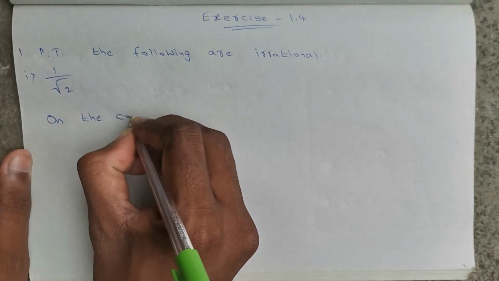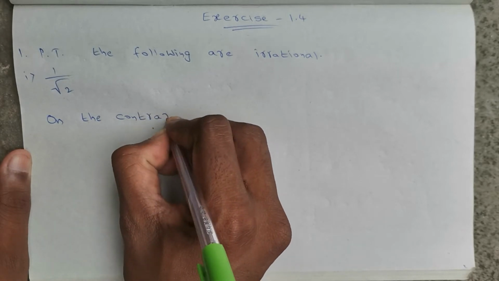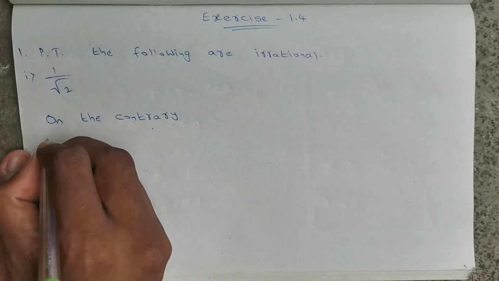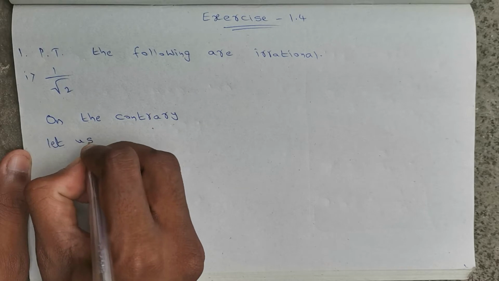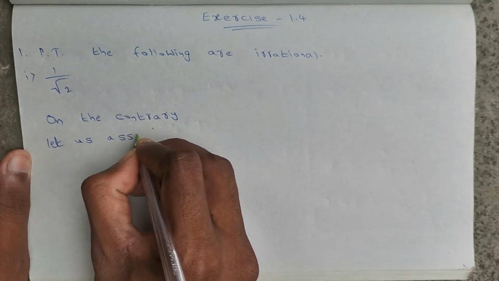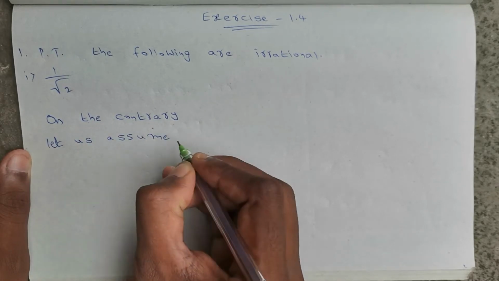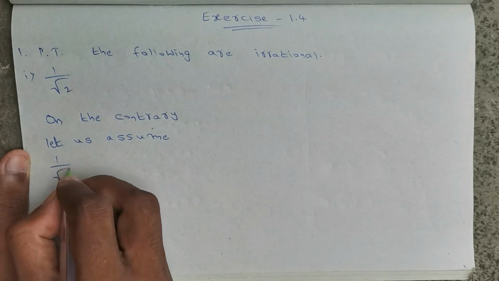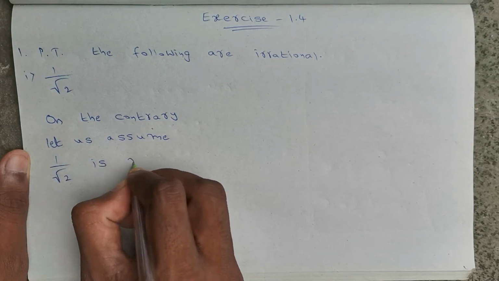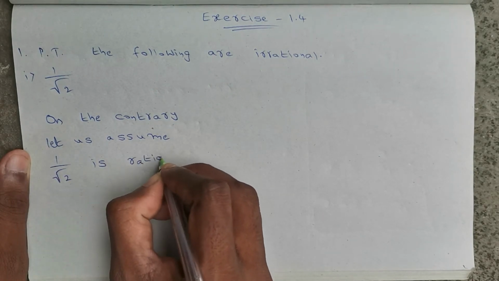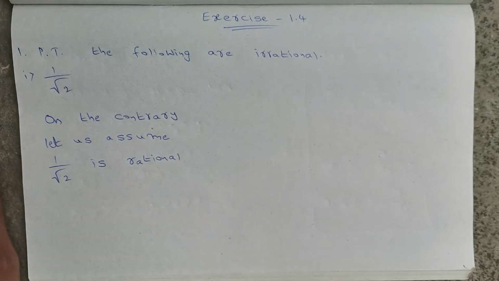On the contrary, let us assume 1 by root 2 is rational.